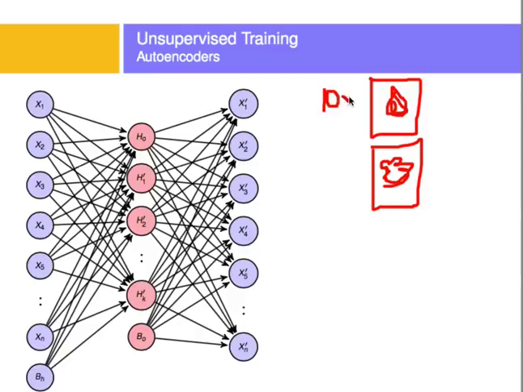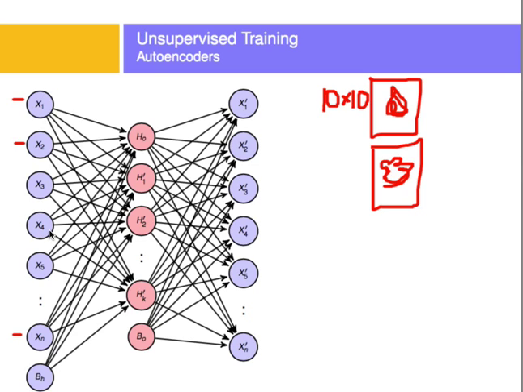That means there are 100 pixels in this image, 100 little dots that can form that image, and 100 little dots for this one. I'm going to take each one of the 100 pixels as inputs, x1 to x100, and of course there's a bias there.